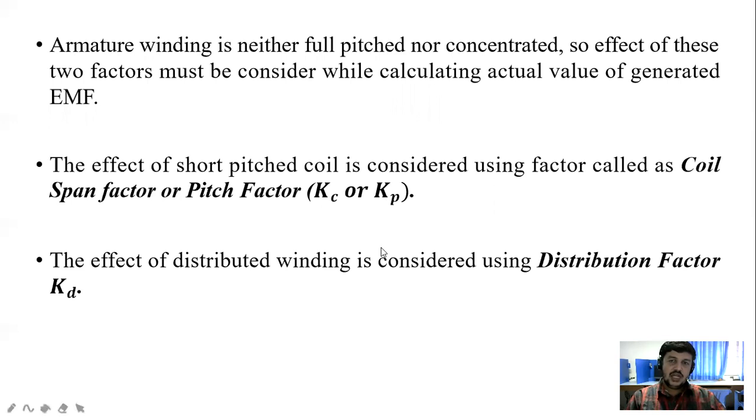So these two factors, Kp and Kd, affect the magnitude of induced EMF inside the alternator and reduce the actual value of EMF from its ideal value. The Kc or Kp factor introduces the effect of the short pitch nature of the coil, whereas the distribution factor Kd introduces the effect of the distributed nature of the armature winding.